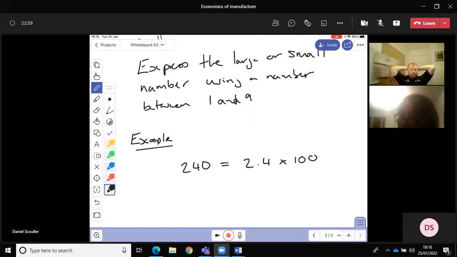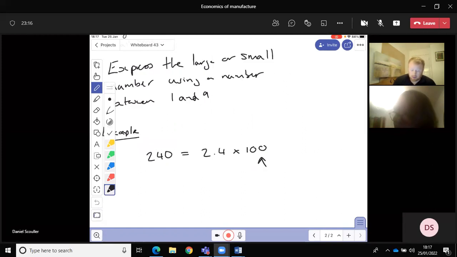Effectively we've moved the decimal point, and now we're expressing that 240 as a number between 1 and 9. So we're expressing it as 2.4, but we've got this 100.